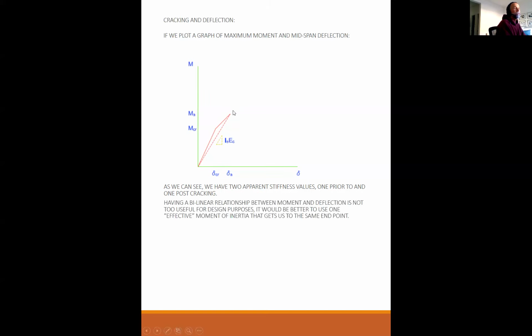So if we're trying to determine what our deflections are, we don't really care if it took this path or the straight path, doesn't matter. As long as we calculate a moment and it gives us a deflection that's accurate, then we can use this pseudo effective moment of inertia.